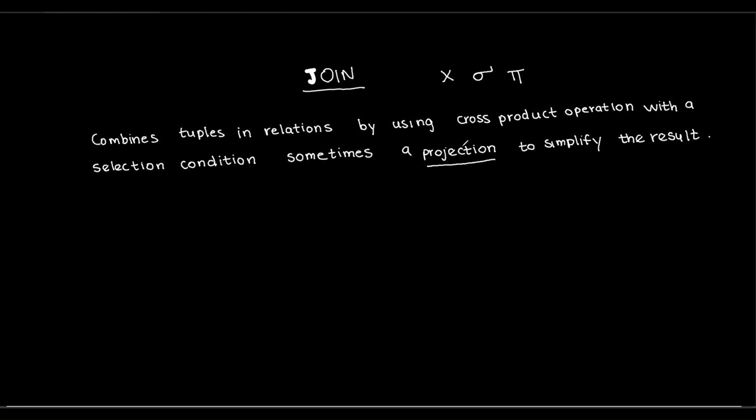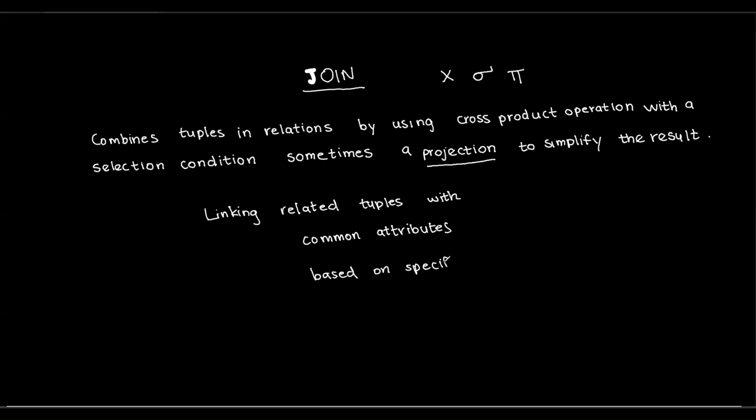This can be simply understood as linking related tuples with common attributes based on a specific condition. This is what we call join.